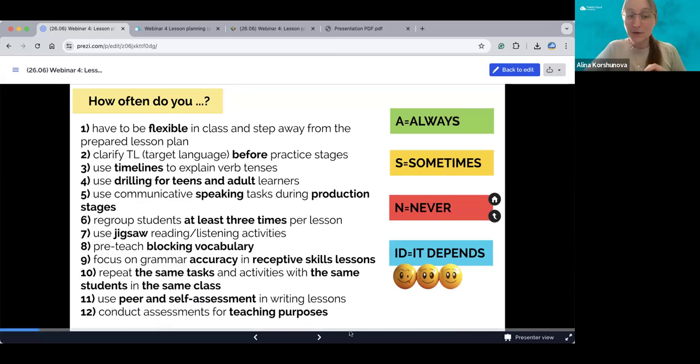And final, how often do you conduct assessments for teaching purposes? You know, when you assess your students' progress, your students' performance, not because of giving marks to them or giving feedback to their parents, but for your own teaching purposes. How often do you do that?